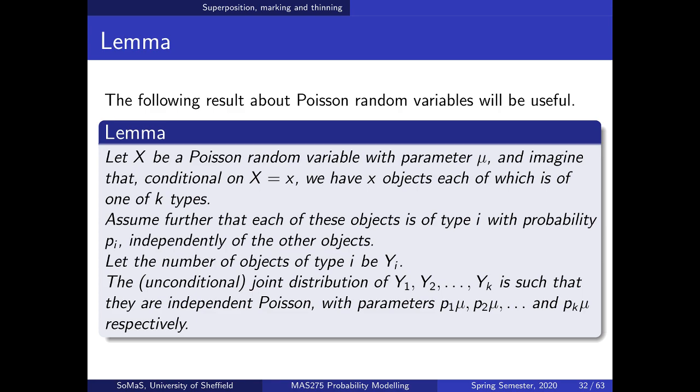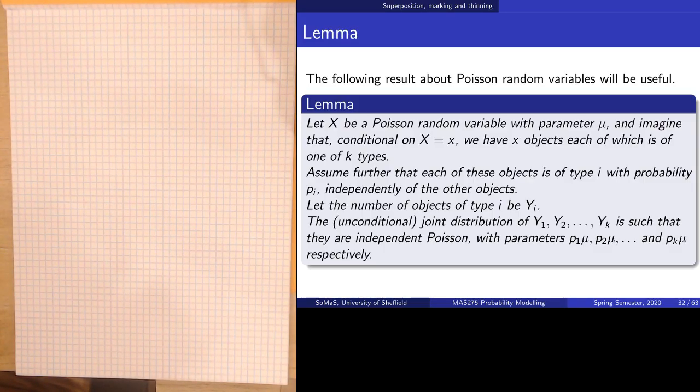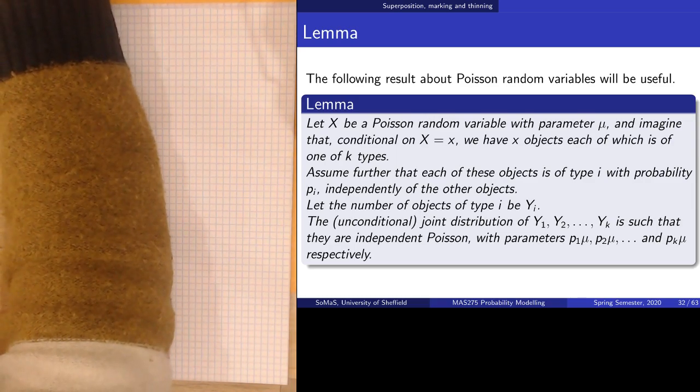And before I give you a theorem about this, we have an interesting lemma about Poisson variables, and we're doing the same thing with Poisson variables. I'm actually going to write this lemma down because it's quite involved and it's important that you understand what's going on.